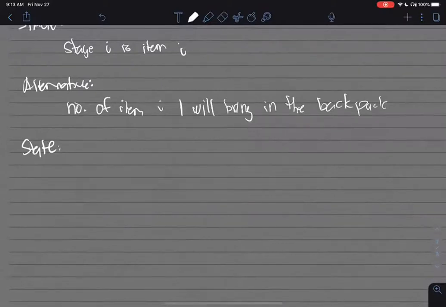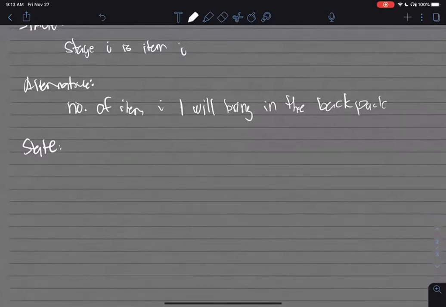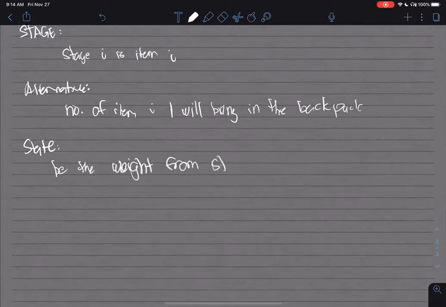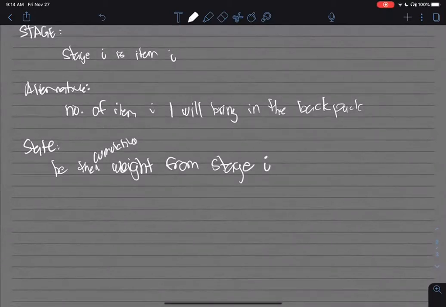Let the state be the weight from stage I, cumulative weight from stage I plus 1, I plus 2, dot, dot, dot, stage 3.